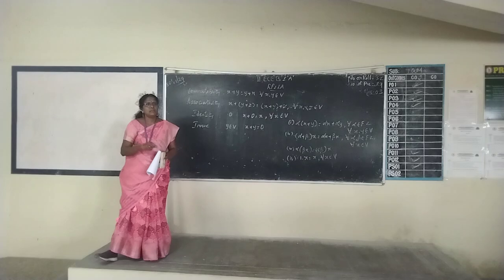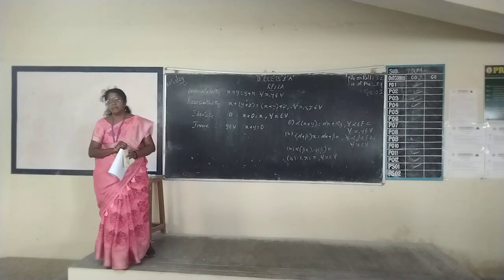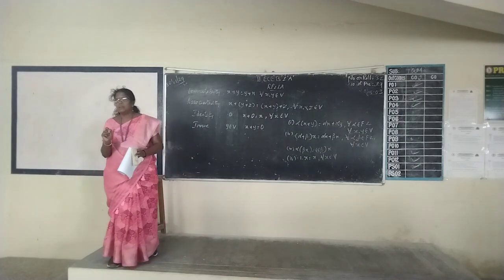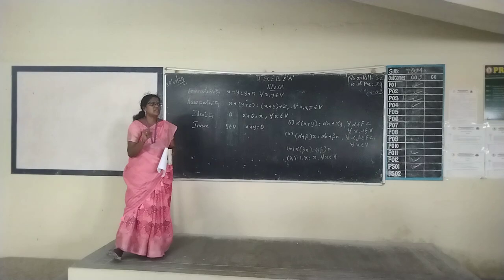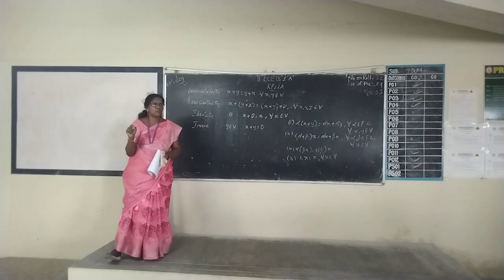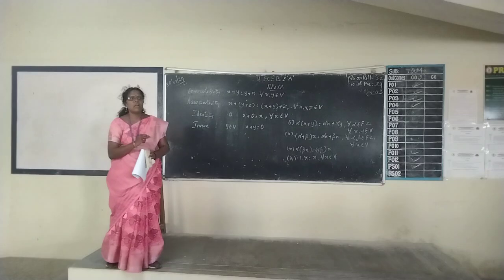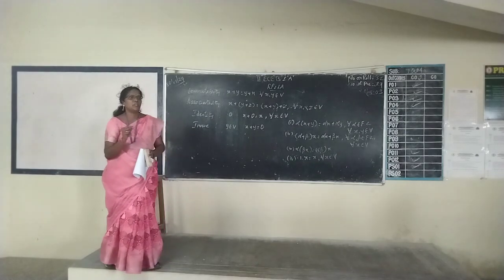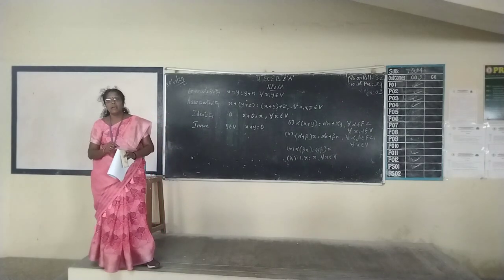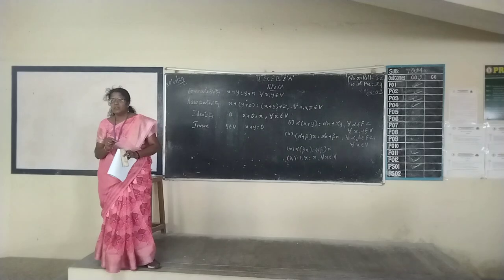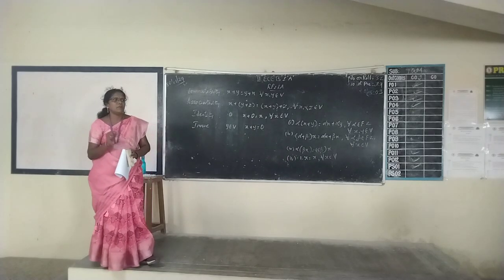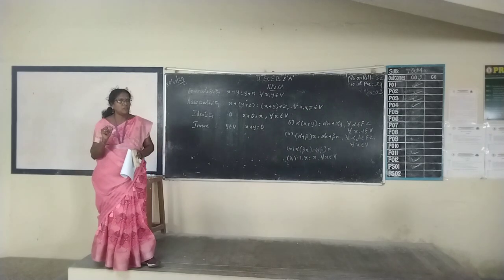What will this be? Identity. Identity means we multiply x with some other variable and the resultant answer should be x itself. Then it is called the identity. So 1 will be our multiplicative identity. What is the additive identity? 0. 0 will be the additive identity, while 1 will be the multiplicative identity.